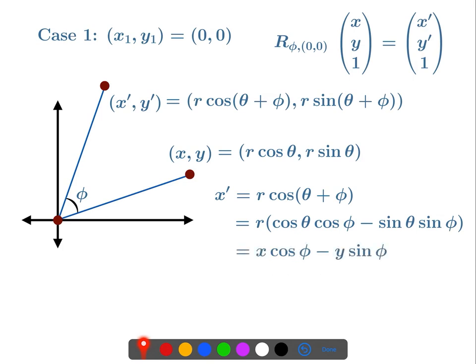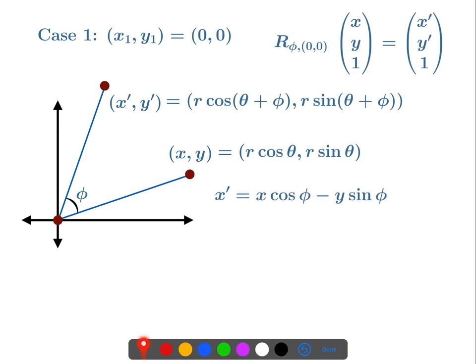So writing that down, I have again r cosine theta is x, cosine of phi. I have a minus r sine theta, which is y, and then sine phi. Now this looks good because now when I begin with the point xy and the angle phi here, I can say what x prime is just based on that knowledge of what x, y, and phi are.